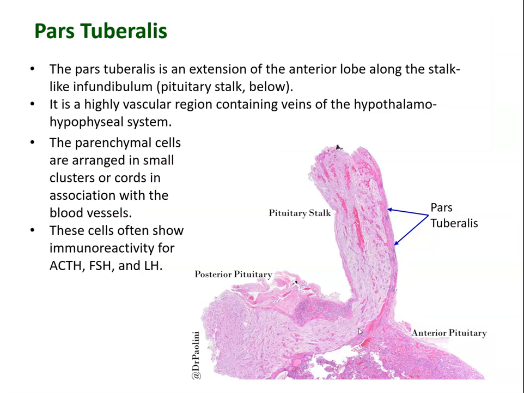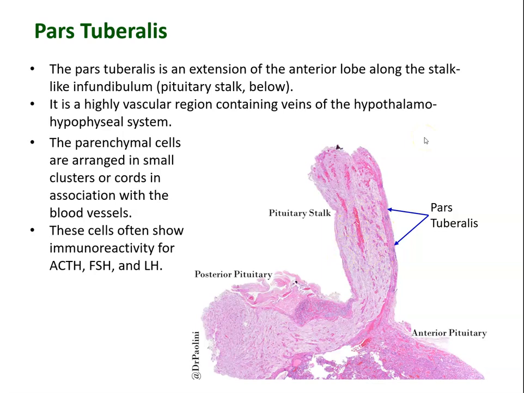The final area, called the pars tuberalis, is an extension of the anterior lobe coming off of the pars distalis and wraps around that infundibulum. And you can see the pars distalis here, and the pars tuberalis kind of going up around this infundibulum here.